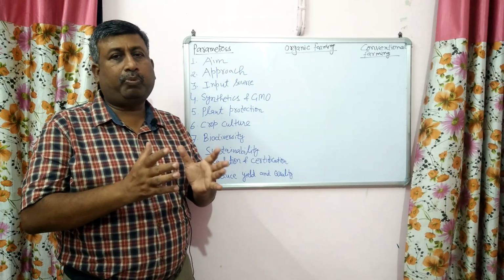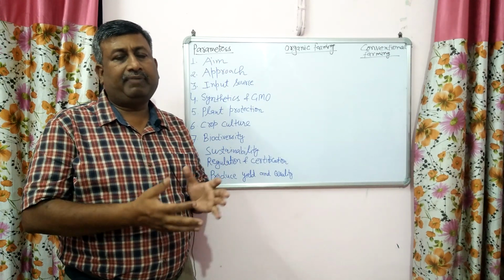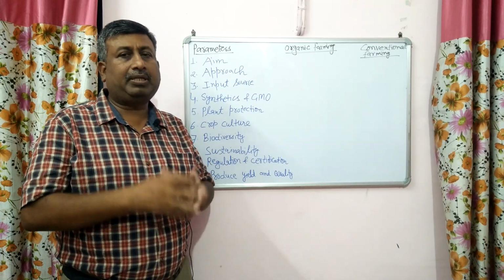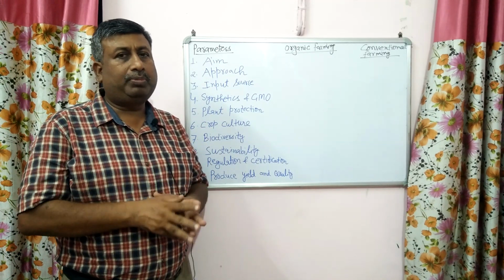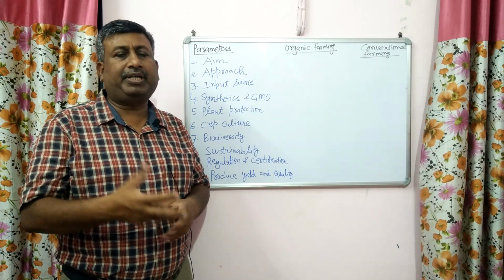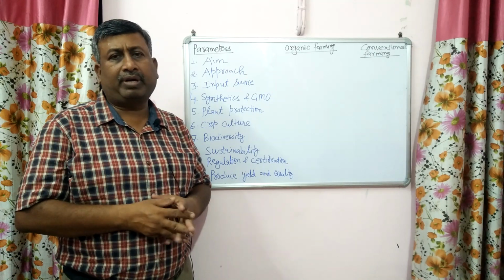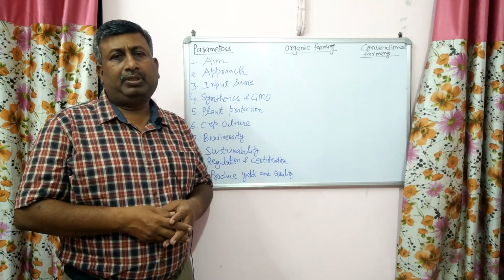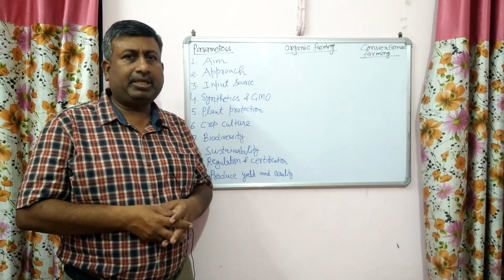What are the key point differences in organic farming and conventional farming? There are basic fundamental differences between these two types of farming. Generally, we think that organic farming is just application of dung or urine or FYM or compost, and if we apply the organics, then it is organic farming. But it is not like that.